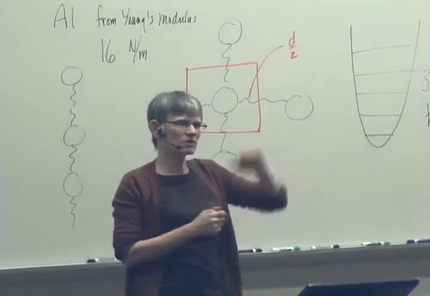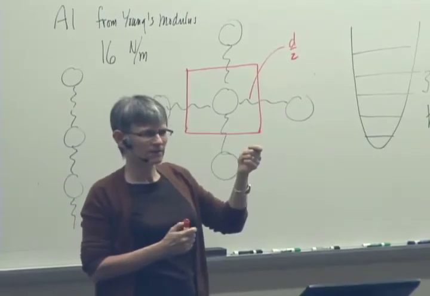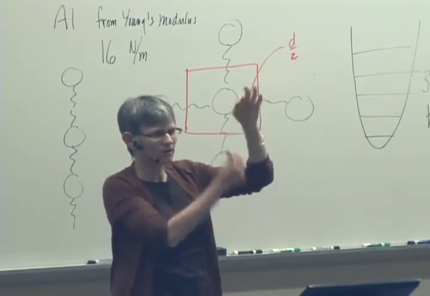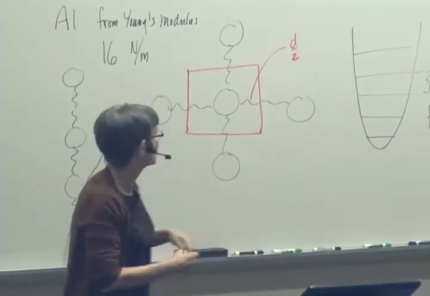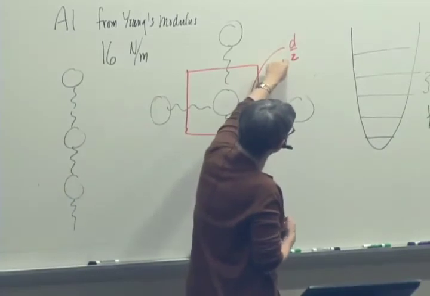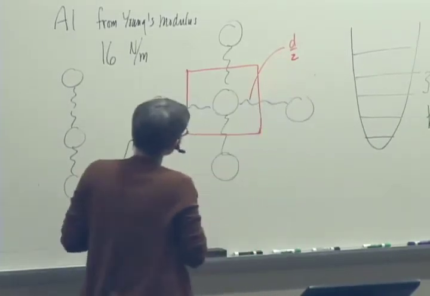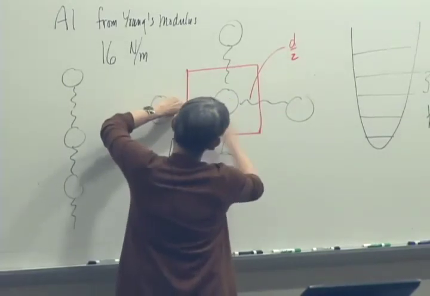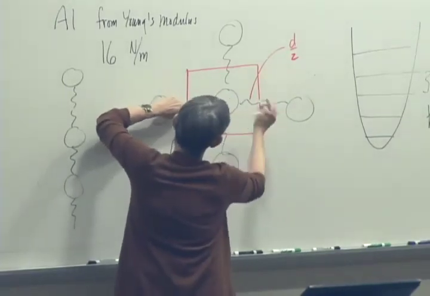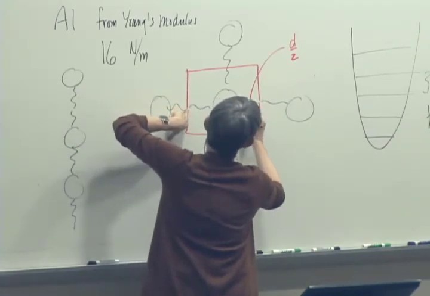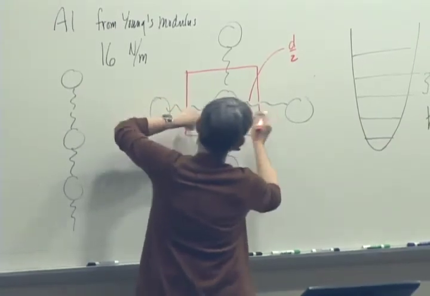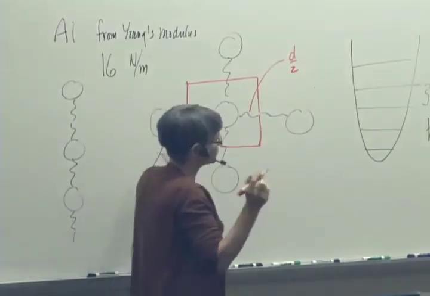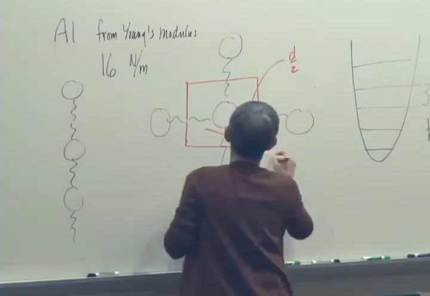And remember, when you cut a spring in half, the effective spring stiffness goes up or down? Up, because you have to apply more force to stretch it the same amount. So that would actually double the effective spring stiffness. And then furthermore, if you consider X oscillations, this atom is actually interacting with 2 springs here. So we have 2 half springs acting in the same direction, so that's going to double the spring stiffness again.